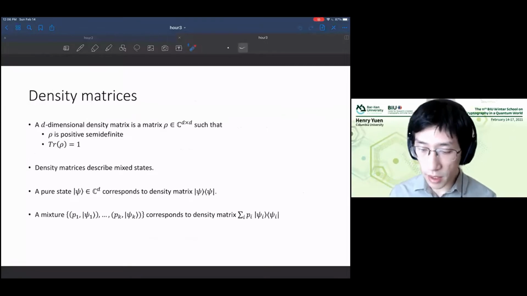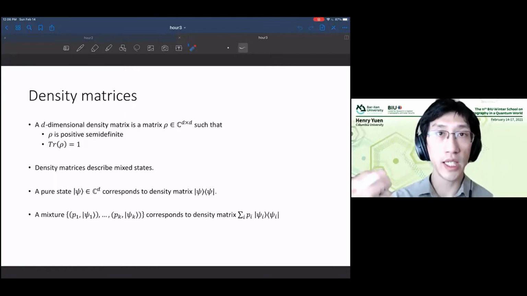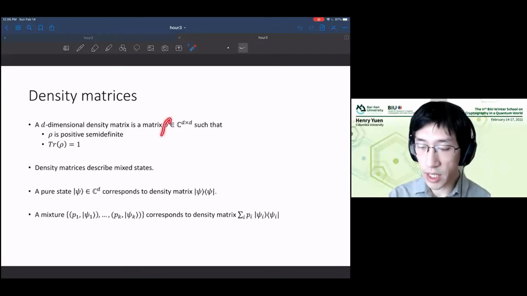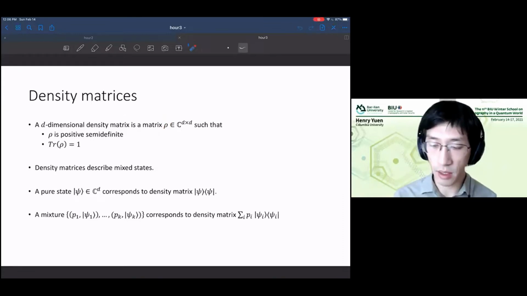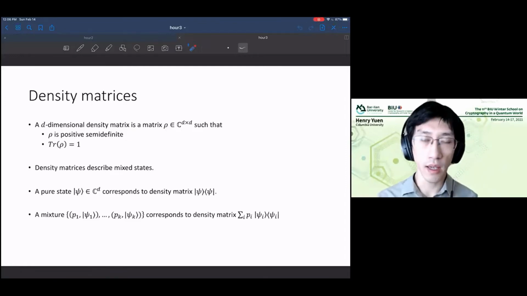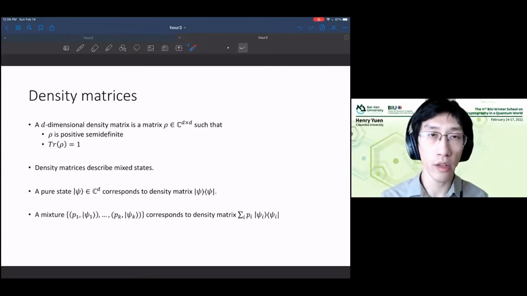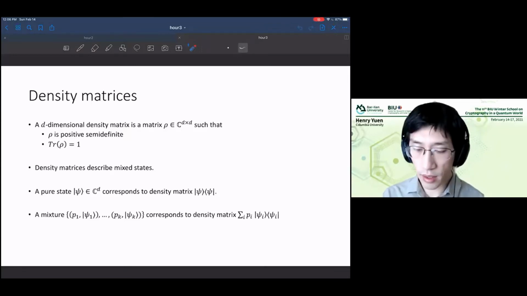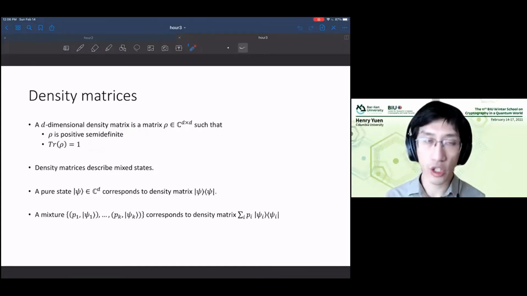So formally speaking, say you have a d-dimensional system. A d-dimensional density matrix is a matrix rho that's positive semi-definite, which means it's a Hermitian matrix and all of its eigenvalues are non-negative. And the trace of this matrix is equal to 1. The trace of a matrix is you just sum up all the diagonal entries.